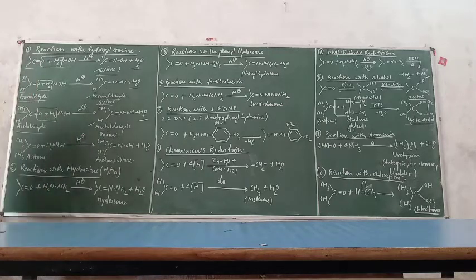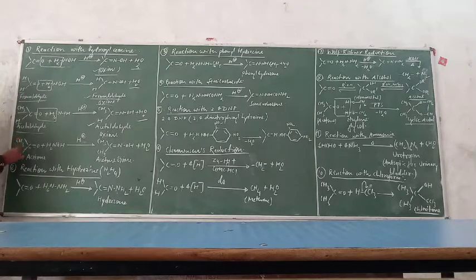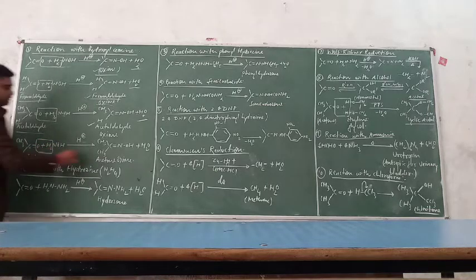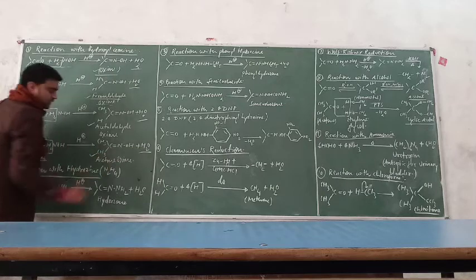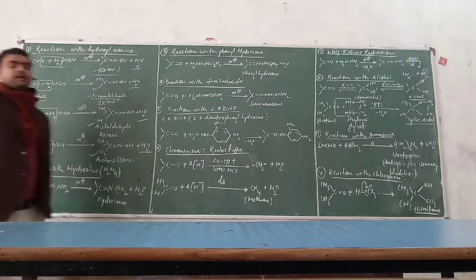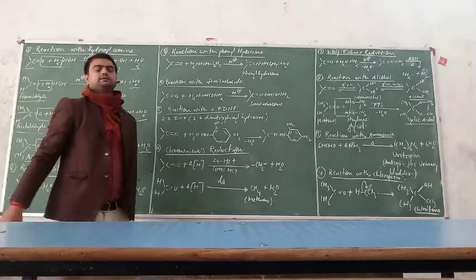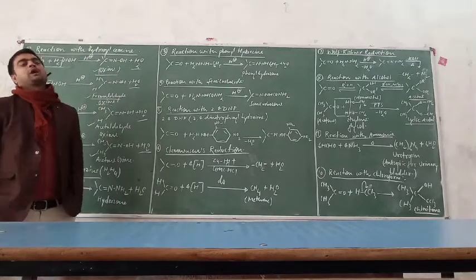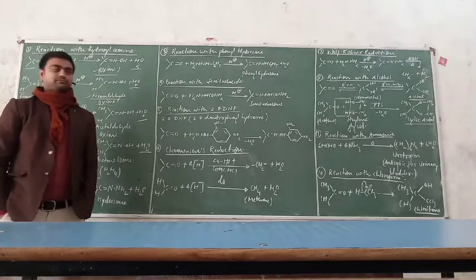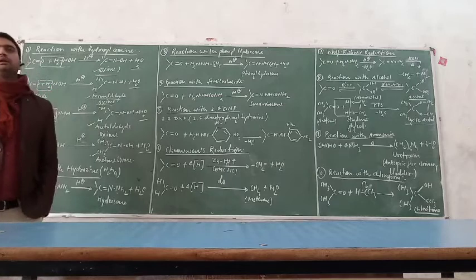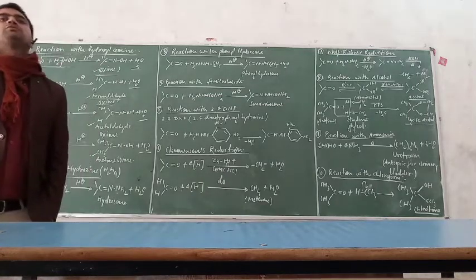Clear? Next, when we put CH3 here, then we get another compound whose name is acetone. And when acetone is treated with hydroxylamine, then the same reaction will occur here, and a water molecule and acetone oxime are formed. So in this way, you can easily understand how formaldehyde oxime is formed, acetaldehyde oxime is formed, and acetone oxime is formed.